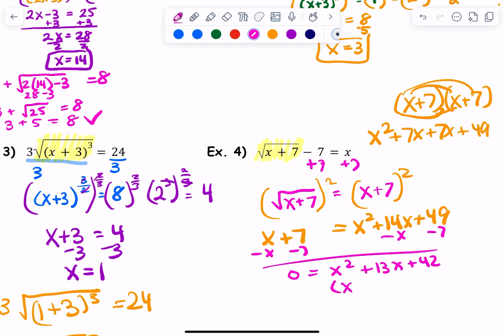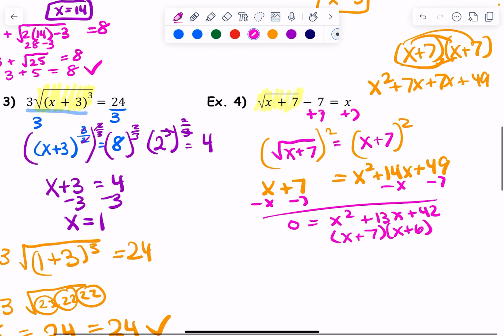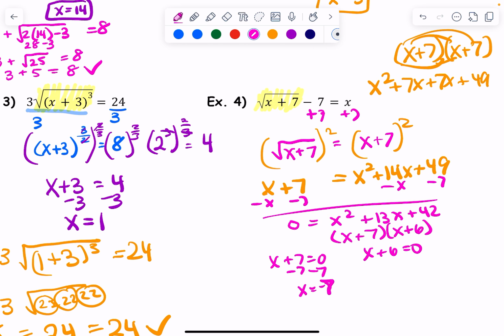Okay, so when we factor this, this is going to be x plus 7, x plus 6, which means our solutions, after we set these equal to 0, are going to be x equals negative 7 and x equals negative 6. Okay, we have to check these answers. I mean, these are our answers, but we have to see if we're going to be able to keep them.